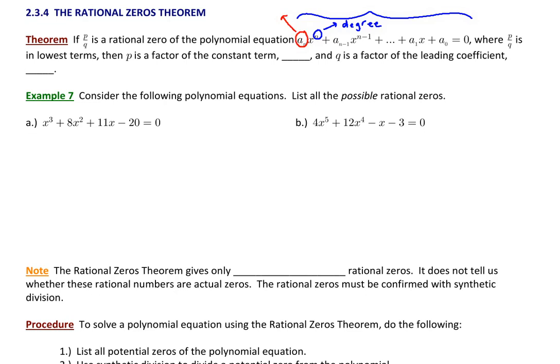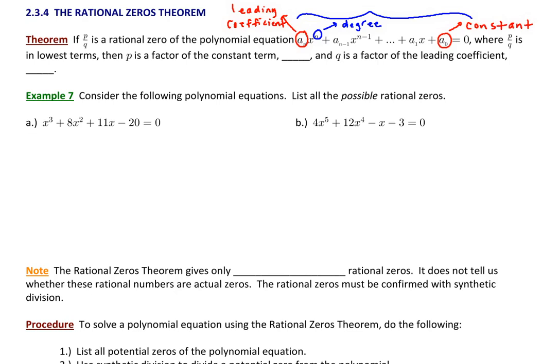That a sub n, or the coefficient of our highest powered term, is what we call the leading coefficient. Also important to our process will be this constant term, the term that does not have the variable. We call that a naught. So we're going to need to identify both the leading coefficient and the constant term.